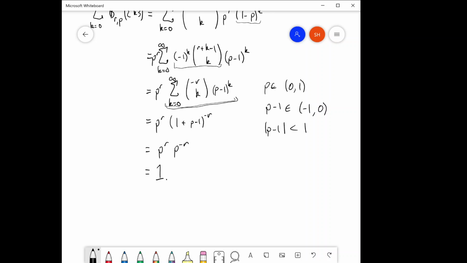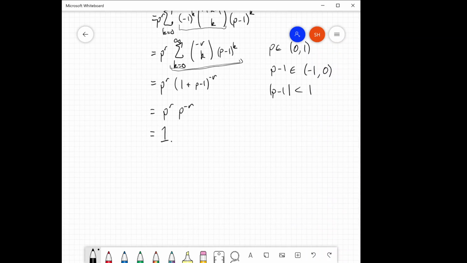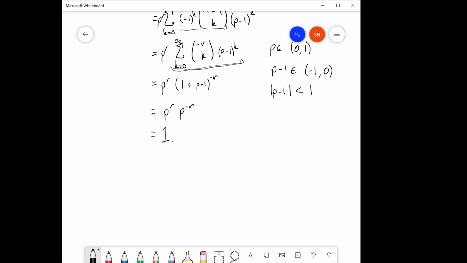And let's just finally check where this is maximized, which would tell you what is the most likely number of white balls you get before you get your rth red ball. This is actually a huge mess, but let's try do it the same way we did last time.